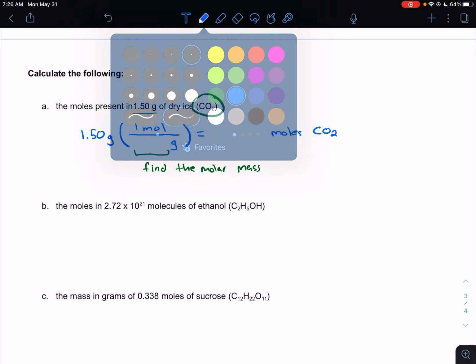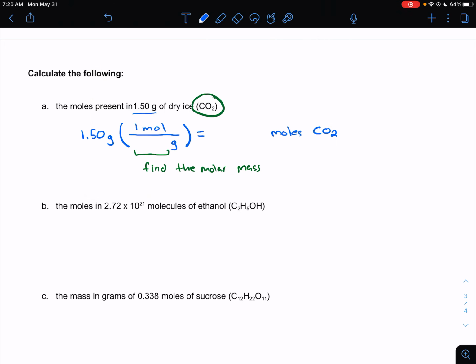In the second problem, we're asked to find the moles and given the number of molecules. So we're going to start with the number of molecules, 2.72 times 10 to the 21st molecules. And here, we want to end up in moles.